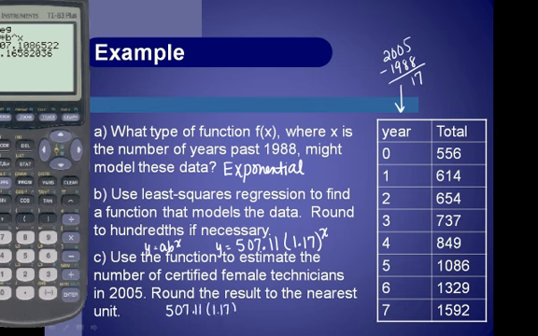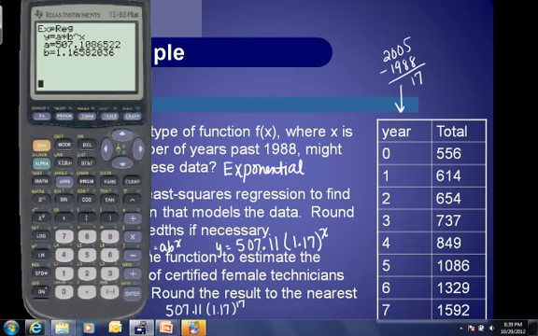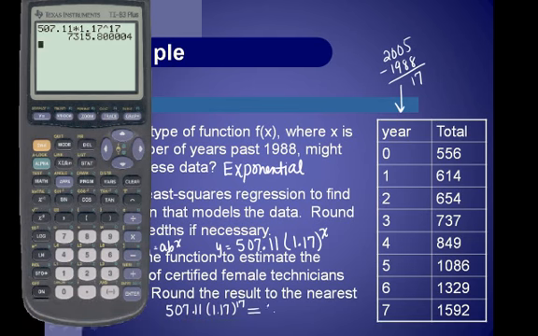Everywhere we had an x, we're going to plug in 17. So we are going to do 507.11 times 1.17 to the power of 17. And that means in the year 2005, we would expect there to be 7,316 female workers.